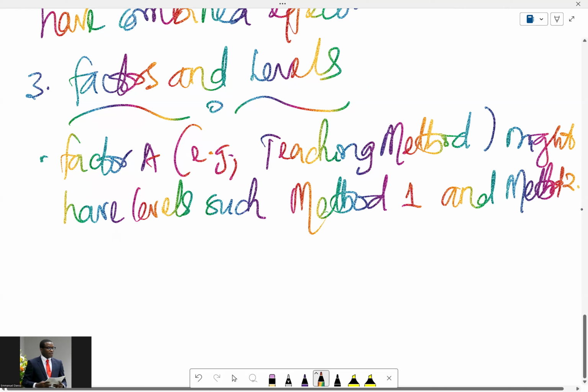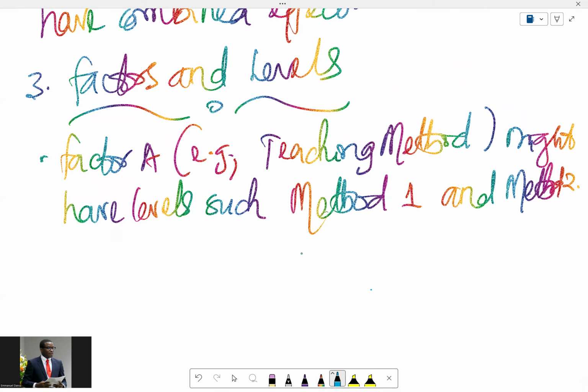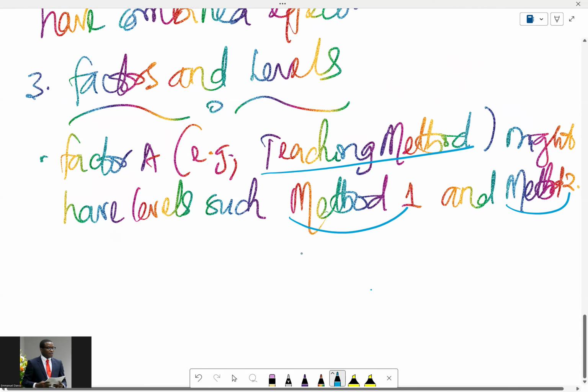So the factor is the teaching method, but the levels are method one and method two.